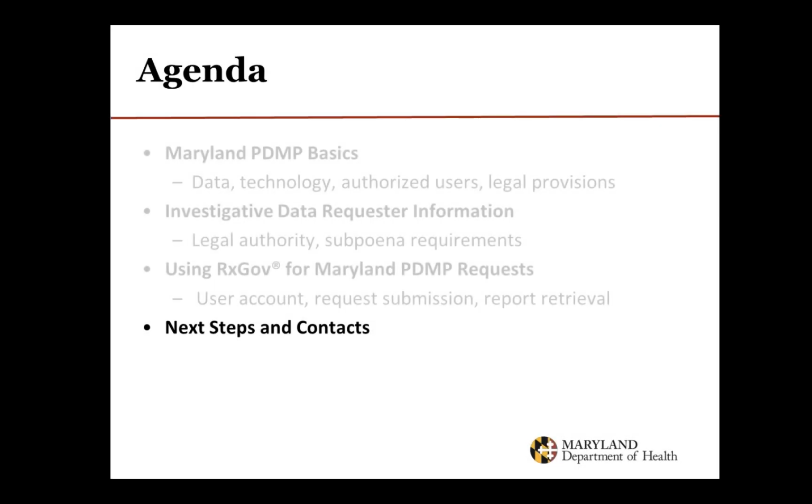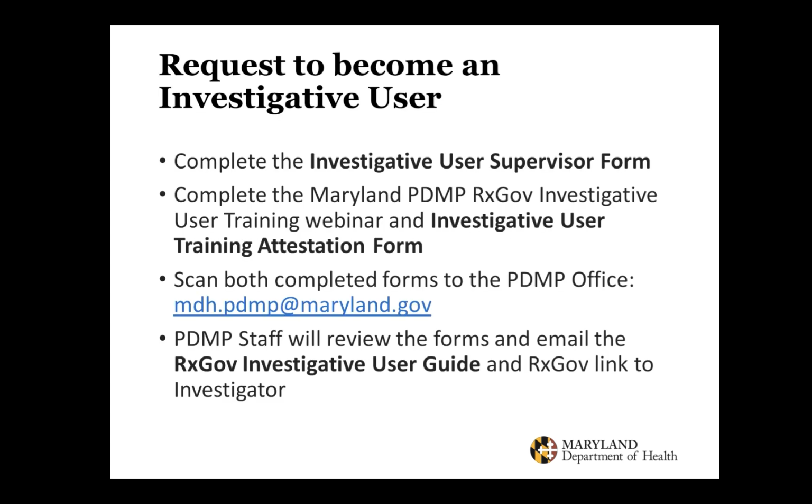Now that you've seen how to make and retrieve requests in the RxGov system, let's talk about next steps and points of contact. To become an investigative user, now that you've watched the training, you will complete the Investigative User Supervisor form and have your supervisor sign the form. You will also complete the Maryland PDMP RxGov Investigative User Training Attestation form, attesting that you have indeed watched this webinar.